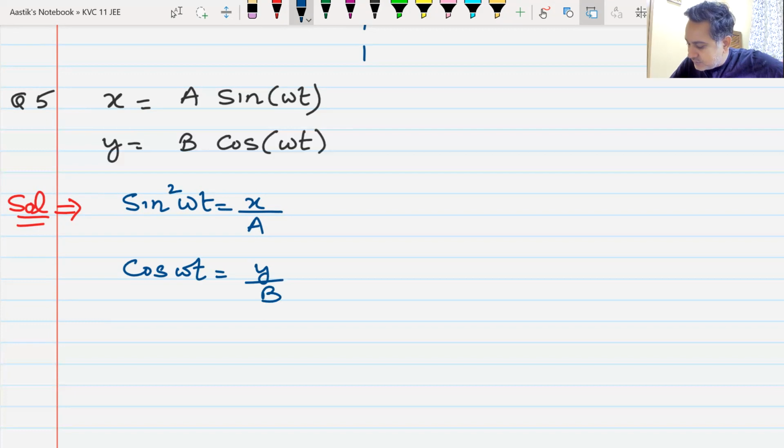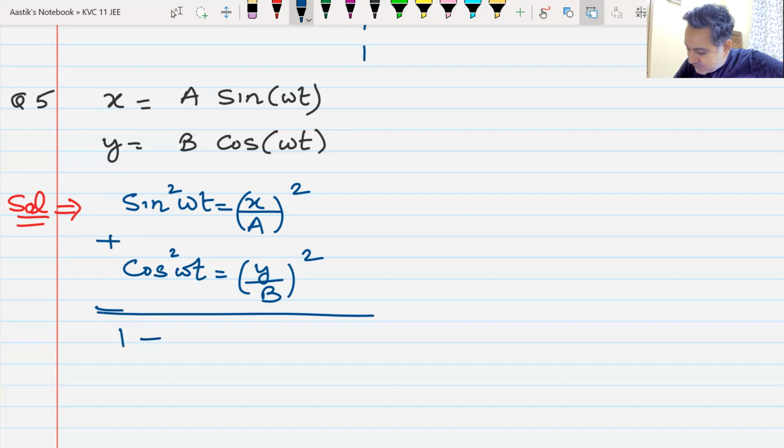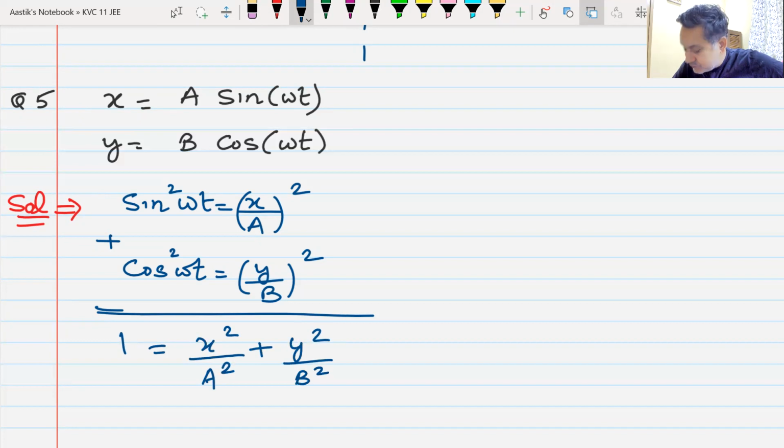I square it, I square it, I add it, and I end up with 1 is equal to x square by a square plus y square by b square.